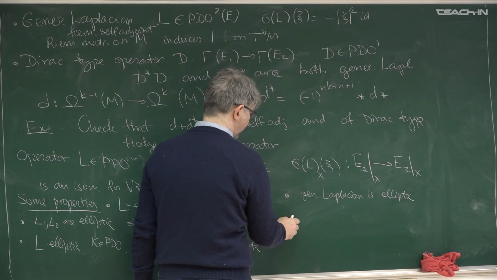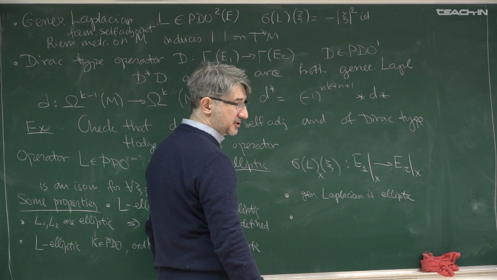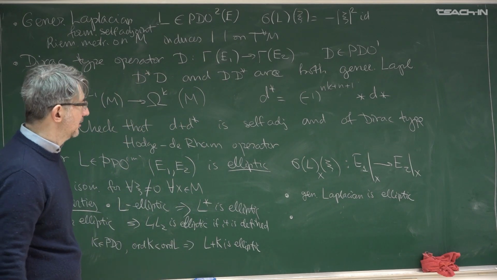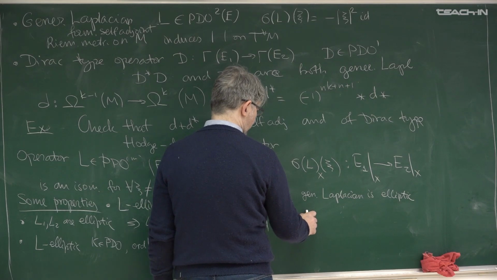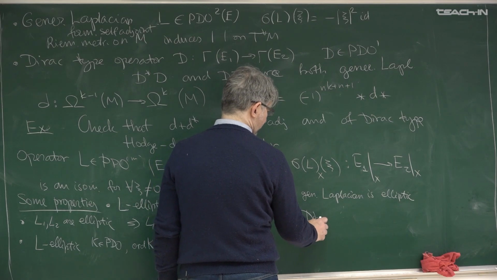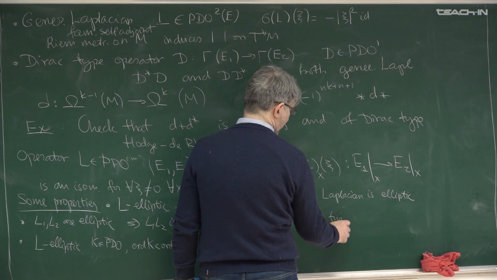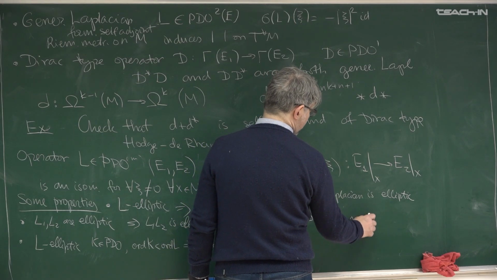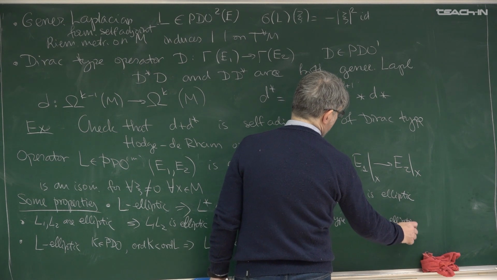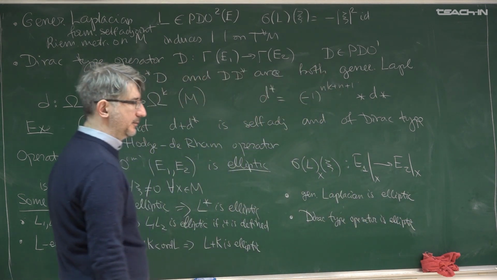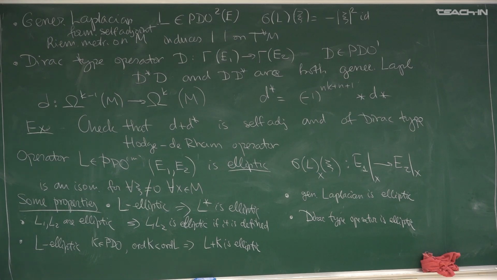This is obvious. The next question is more tricky. A Dirac-type operator is elliptic. The question is why it is elliptic. Can you explain to me why a Dirac-type operator is elliptic?